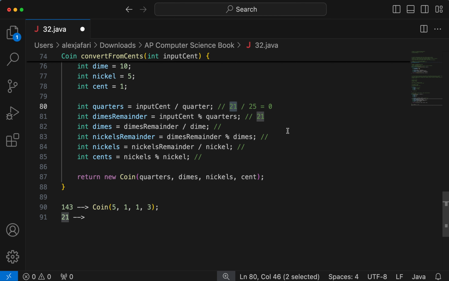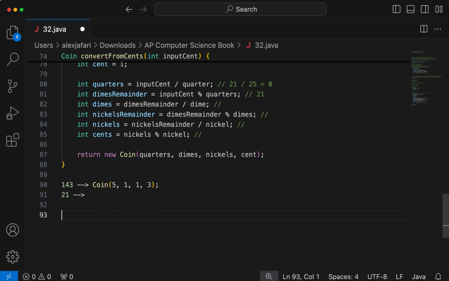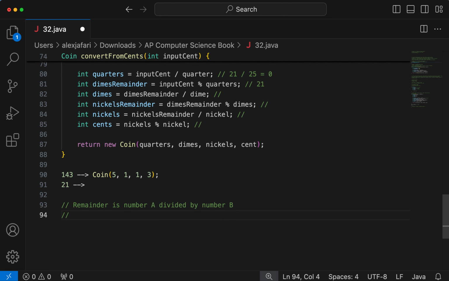No. So a remainder is number A divided by number B, whatever from number A is left.